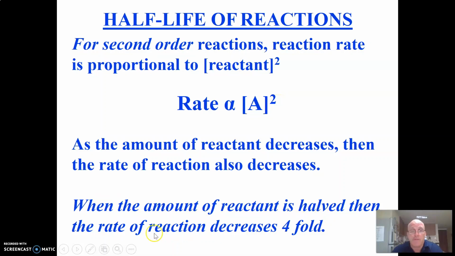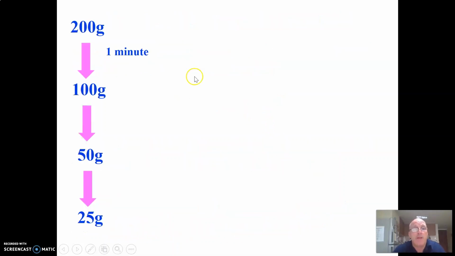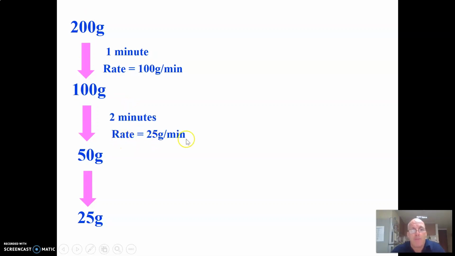When the concentration is halved, the rate of reaction will go to a quarter of what it was. So using the same kind of scheme again, let's suppose this took 1 minute to go from there to there. Now this rate here, by the way, is going to be 100 grams per minute, but now the new rate, because the concentration is halved, is going to be a quarter of what it was. So the new rate will be 25 grams per minute.